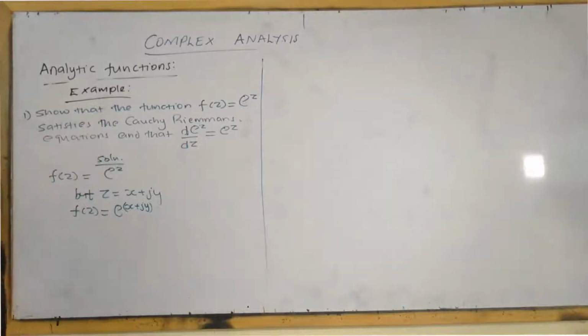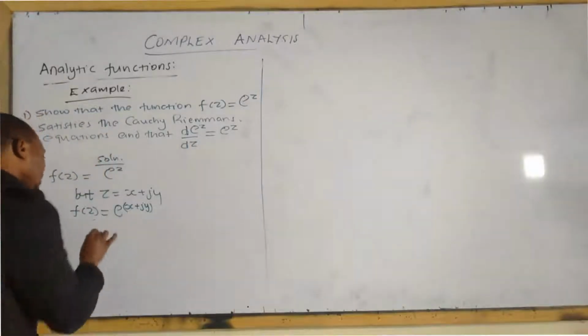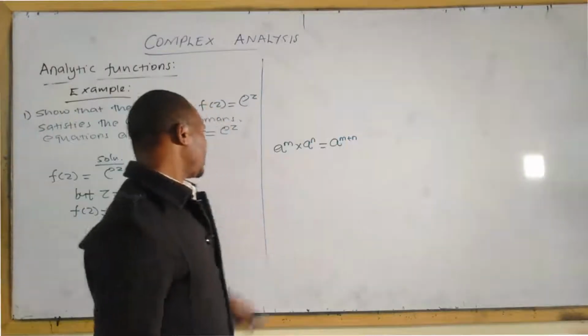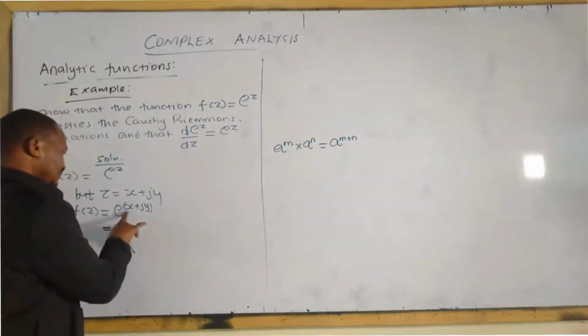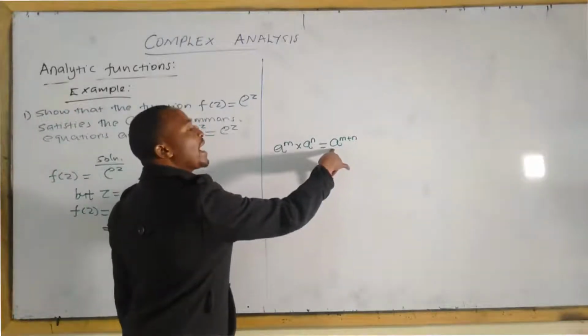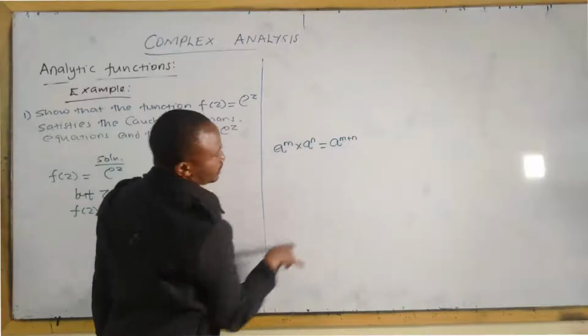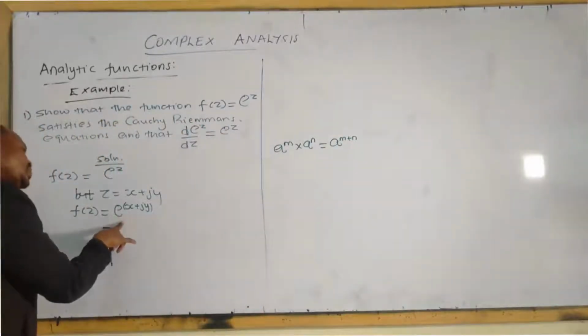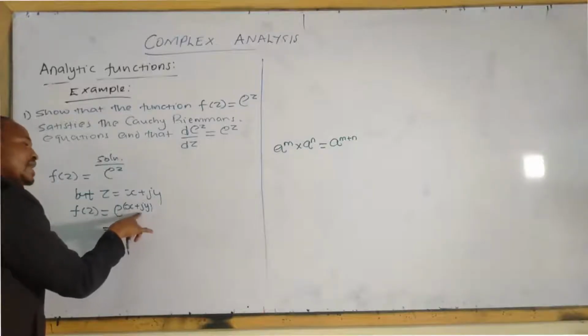You did indices in first year. First year work is very important for higher levels. So in this case, we have it in this form: a to the power m plus n. So we should express it in this form: exponential x plus jy.